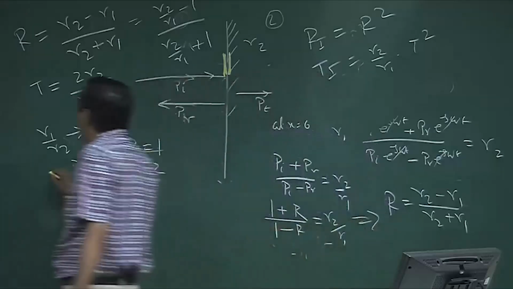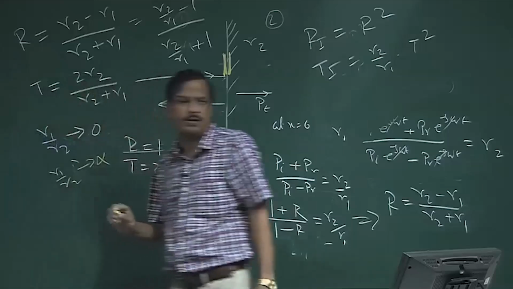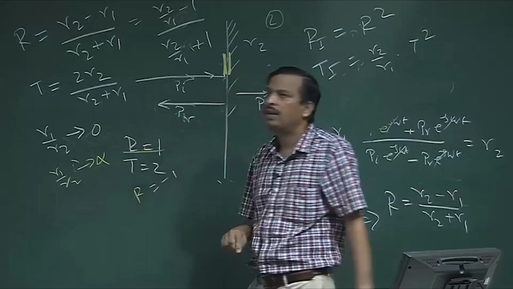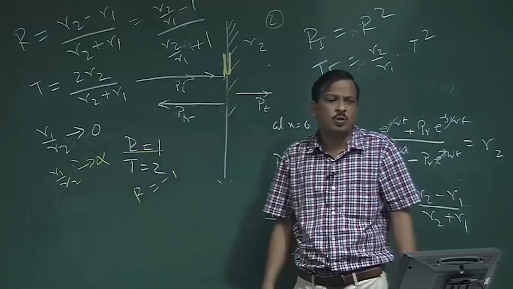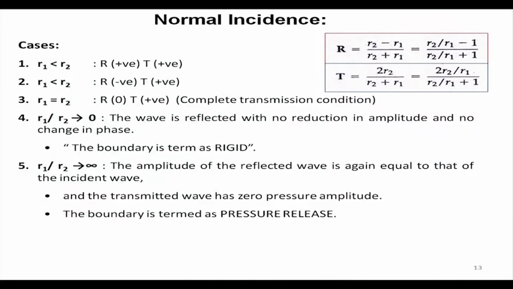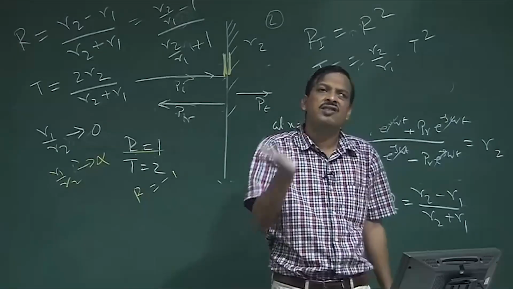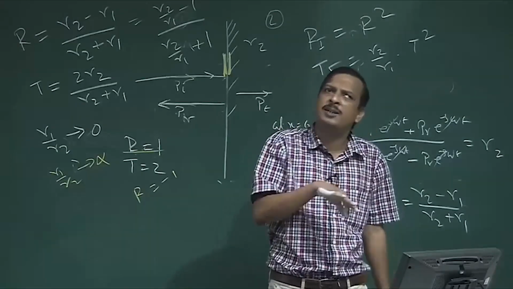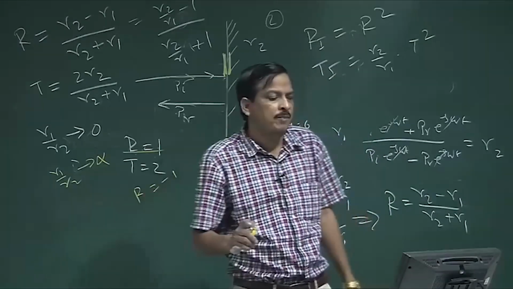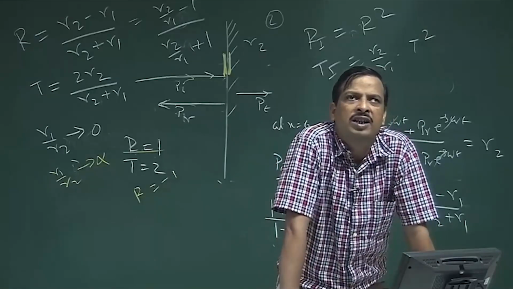Now, if R1 by R2 tends to infinity, then what will happen? Then R will be minus 1. So what is the meaning of the minus 1? The meaning of the minus 1 is that the amplitude is the same, but the phase is shifted by 180 degrees. So in that case the reflected pressure wave amplitude is the same, but compared to the incident wave, it has a 180 degree phase shift.